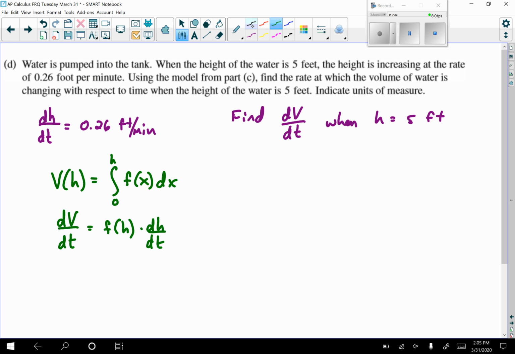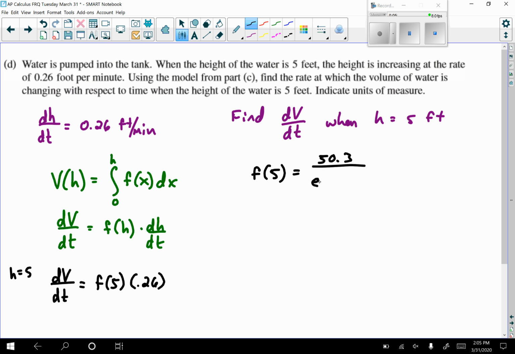So now when h equals 5, dv over dt is going to equal f of 5 times this 0.26. Well, f of 5, we have to go back to that function. That was 50.3 over e to the 0.2h. So 0.2 times 5 and then plus 5.